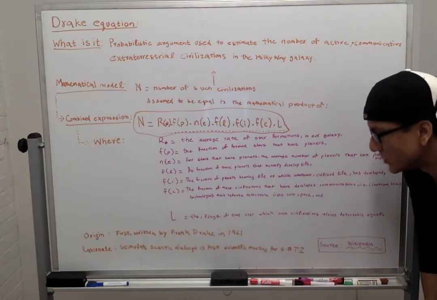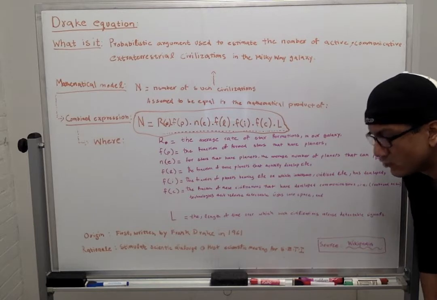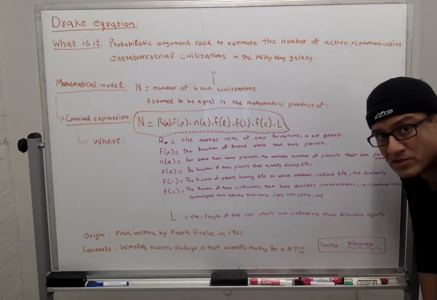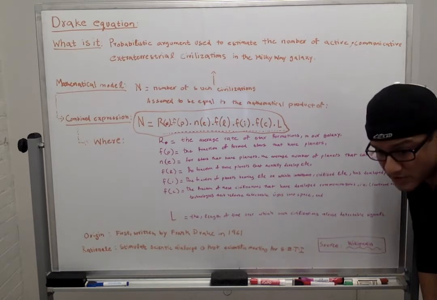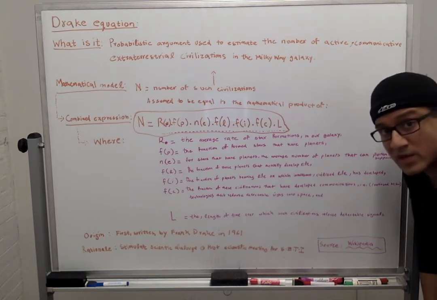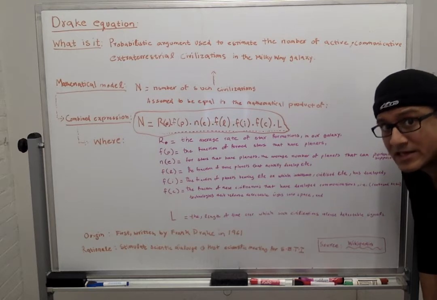But what I'm trying to get to is that Frank Drake, when he was coming up with this equation, was probably thinking that there's radio and these waves, and the waves get disseminated through the medium, which on our planet is the air.